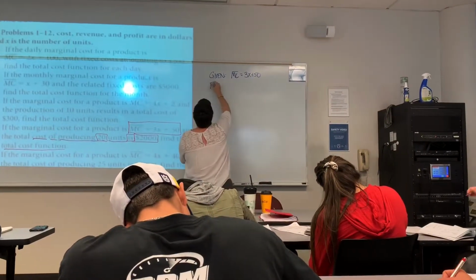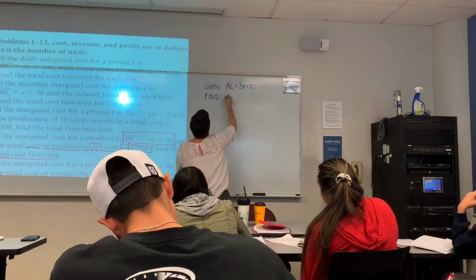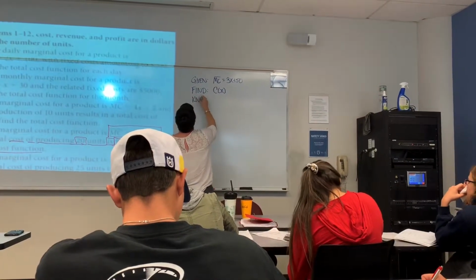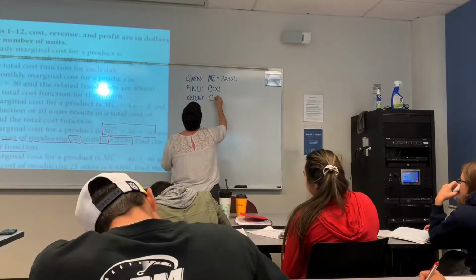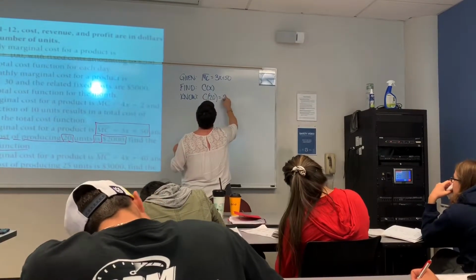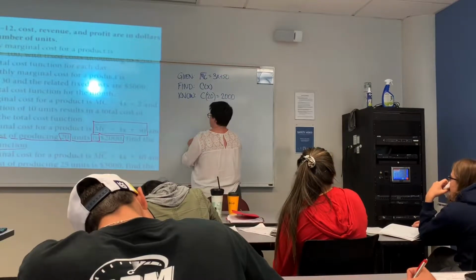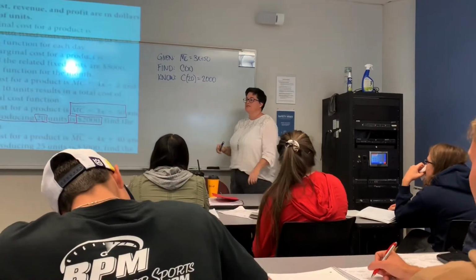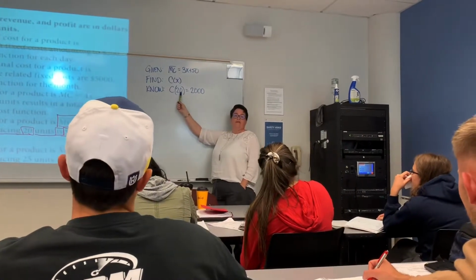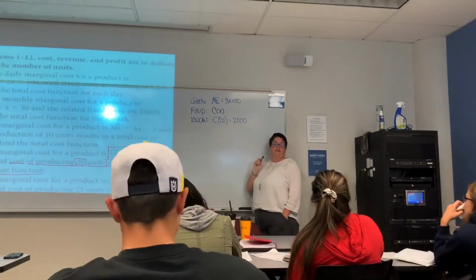And we're asked to find the total cost function. We know that the cost of producing 20 units is $2,000. Do you see how I wrote that? I just wrote English and converted it into math. The cost of 20 units is $2,000.